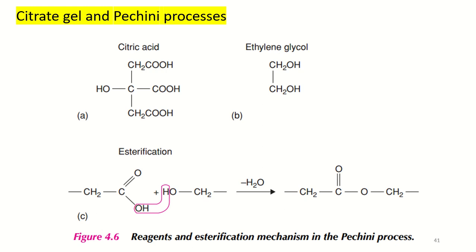The citrate gel method has lower organic content in gel products, with less weight loss and shrinkage during firing, and is often preferred for film fabrication.